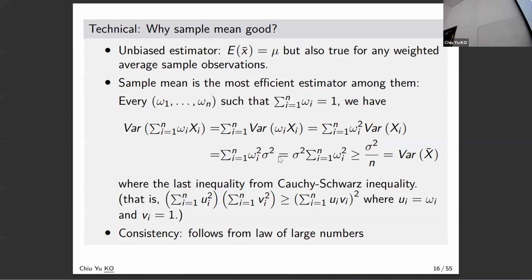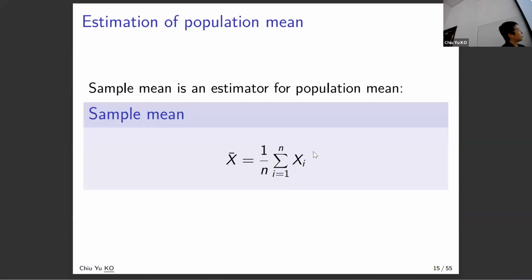And we can show, at least in this case, that if you consider linear estimators, the sample mean is good. So that's why we've been using the sample mean, because it is an estimator that is unbiased and efficient, which means it's accurate on average, and the variance is also good. It's on target on average with good accuracy. So that's the idea.